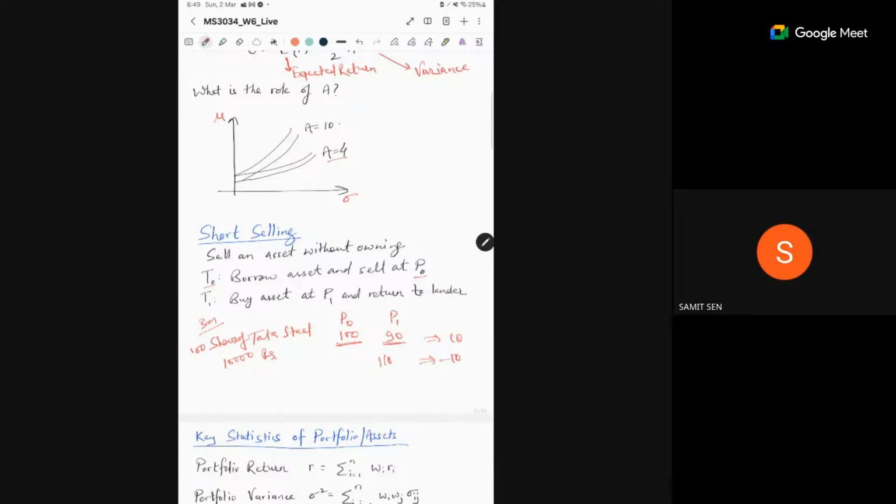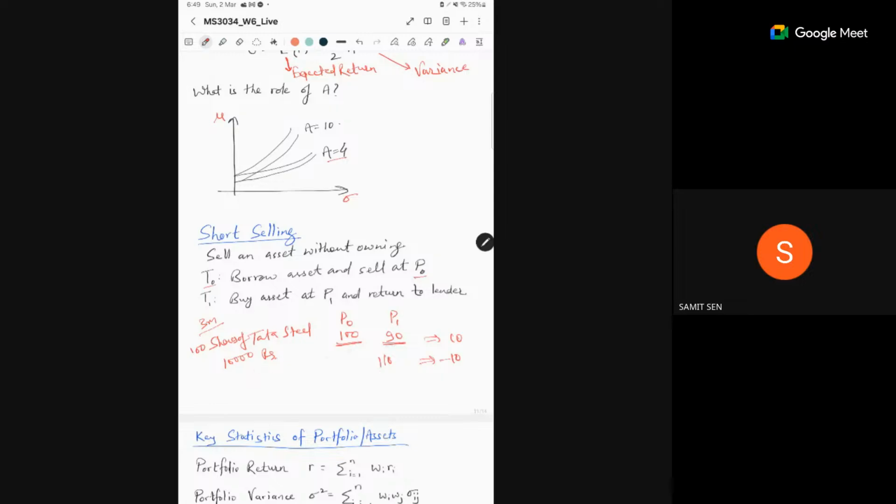After 3 months, the price drops to 90. Then you go to the market and purchase these Tata Steel shares from some other investor who would want to sell them at 90. So you purchase at 90.